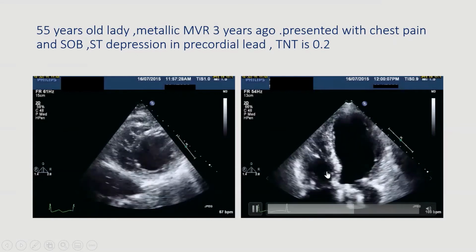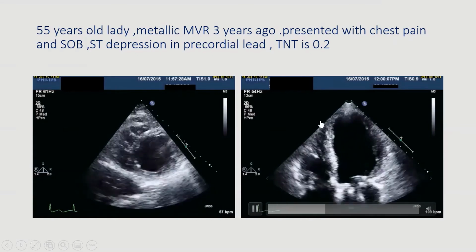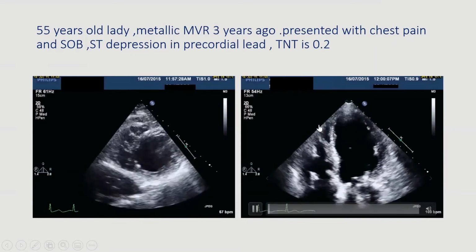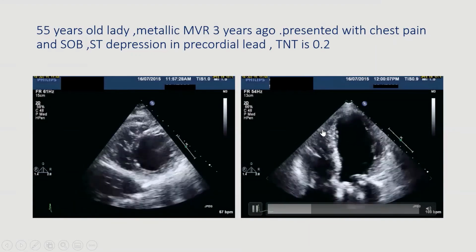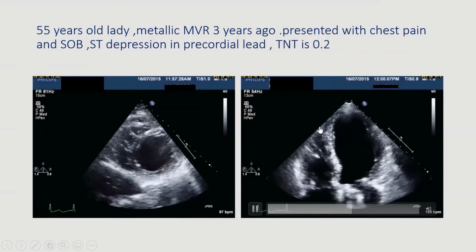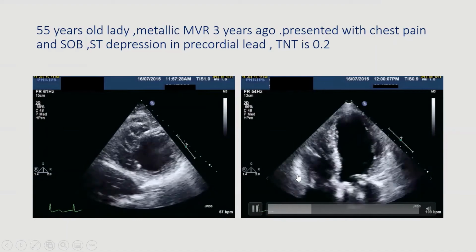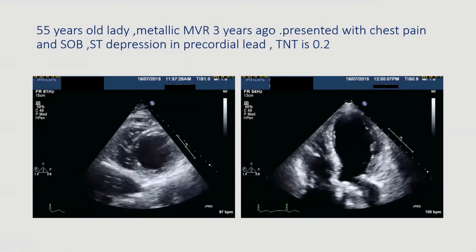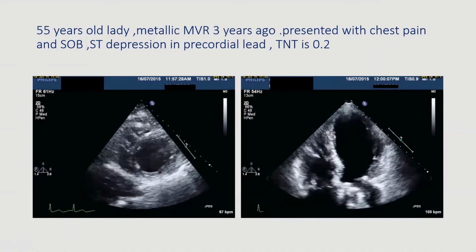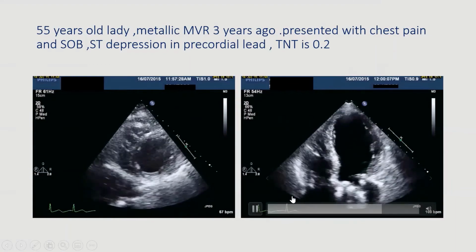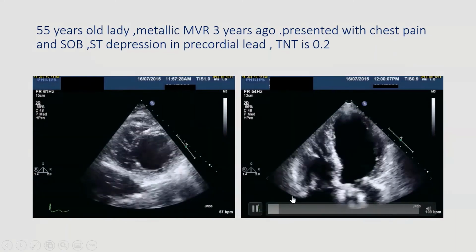But if it's involved, it's going to be involved globally. There will be global RV dysfunction, not regional, like the one I'm describing now. I'm describing a regional wall motion abnormality in which the apex is hypokinetic and the free wall is normal. That is Takotsubo. So in DCM, you either have a normal contracting RV or a globally hypokinetic RV, but not regional.